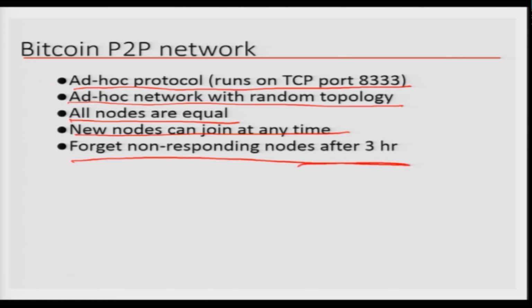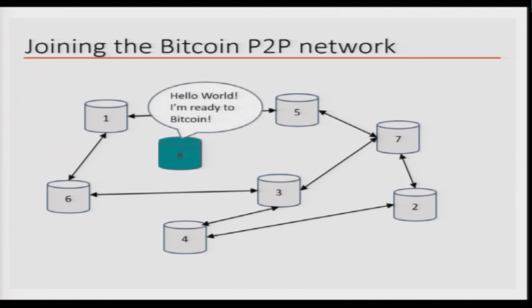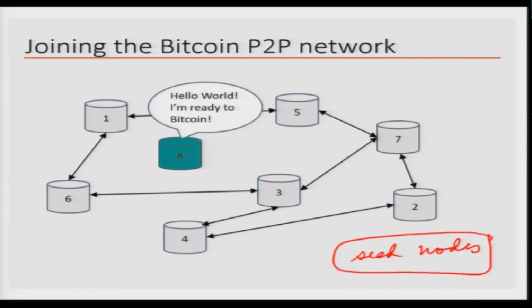So, let us see how the joining works. Joining the Bitcoin P2P network can be described with this figure, very nicely done by Arvind Narayanan. Here is, let us say, the existing P2P network, and suppose you want to join. So, you send out a message, and there are something called seed nodes. You can figure out seed nodes from most Bitcoin software.